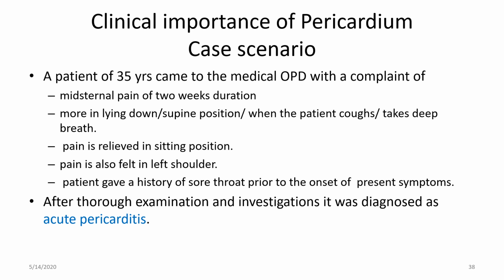Now let us come back to the clinical case which was presented at the beginning of this lecture. Patient of 35 years old attending the medical OP with a complaint of mid-sternal pain of 2 weeks duration, more in lying down position or supine position, or when the patient coughs or takes a deep breath, and relief of pain in sitting position, and the pain is also felt in the left shoulder.